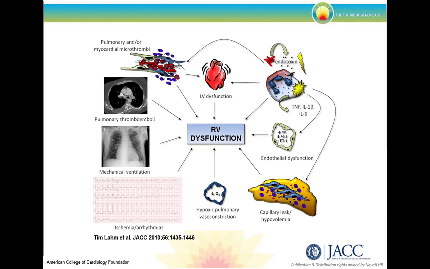It increases the afterload. Ischemias, inferior STEMI, and arrhythmias can also put it at a disadvantage, and so can hypoxic pulmonary vasoconstriction. Hypoxic pulmonary vasoconstriction will significantly increase the afterload. These are some of the mechanisms by which RV dysfunction can ensue in a compensated patient.